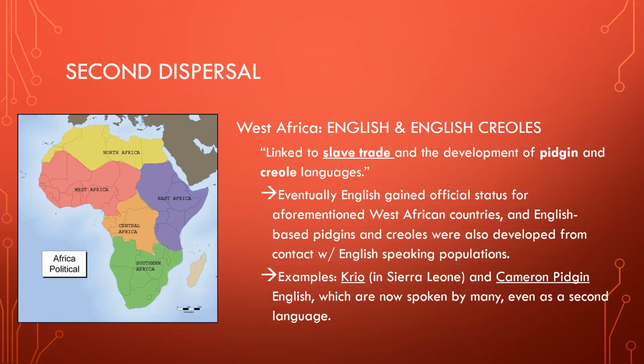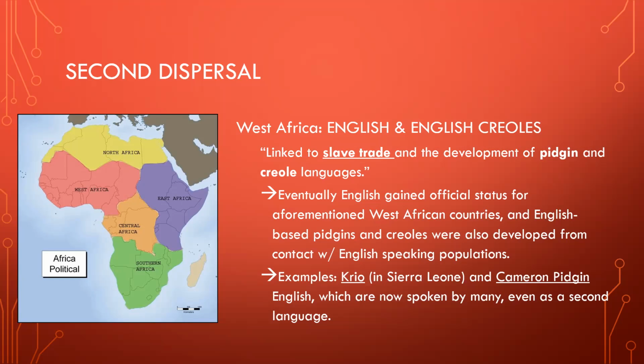As mentioned, because there were many different cultures coming into contact, African cultures and British cultures, this led to the development of hybrid languages like Pidgins and Creoles. So eventually English gained official status for West African countries, and English-based Pidgins and Creoles were also developed from contact with English-speaking populations.